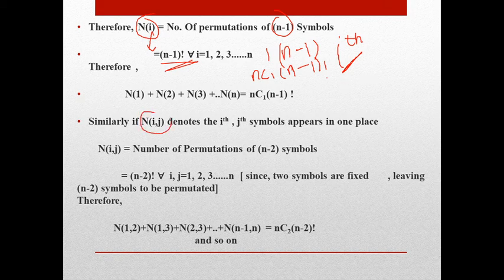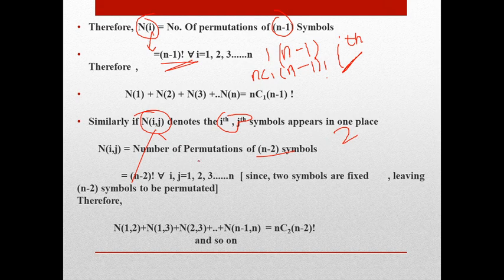Similarly, if you take N of i, j, the ith and jth positions are preserved, and N of i, j is equal to the number of permutations of n minus 2 symbols, while 2 symbols are preserved.